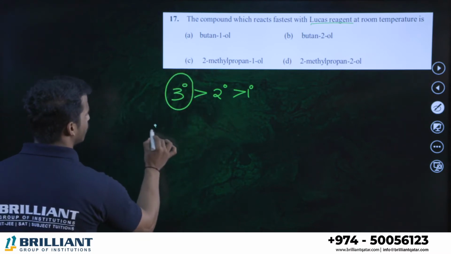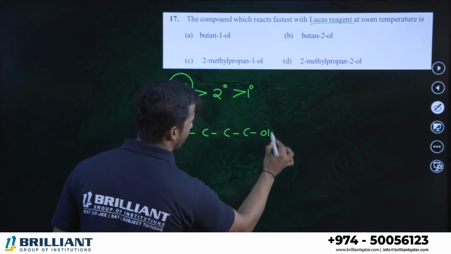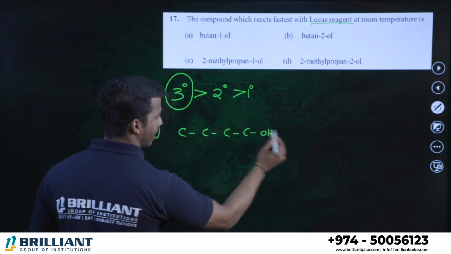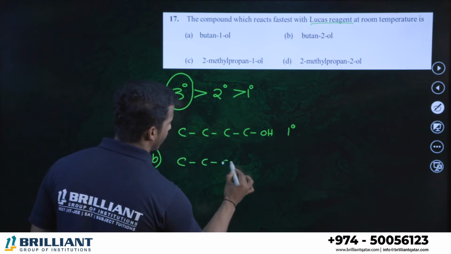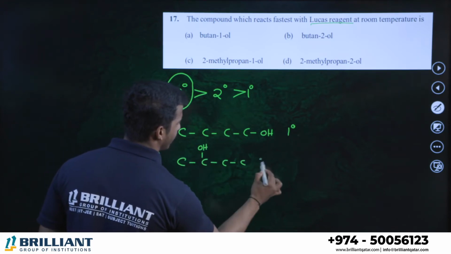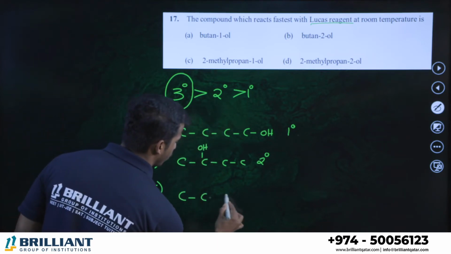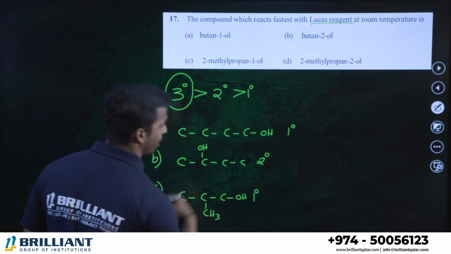What is it, dear students? Option A, butan-1-ol. Butane means 4 carbons with alcohol. It is a primary alcohol, right? The OH-connected carbon is directly connected to 1 carbon, so primary. Option B, butan-2-ol. You know very well it is a secondary alcohol. Option C, 2-methylpropan-1-ol, again a primary alcohol.